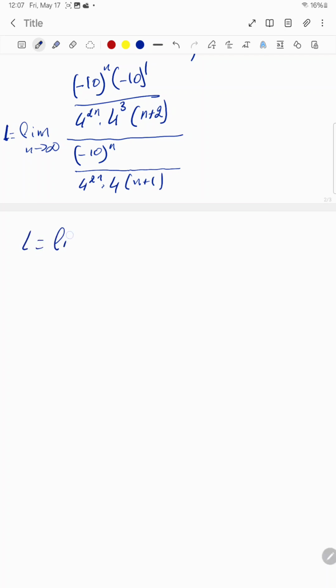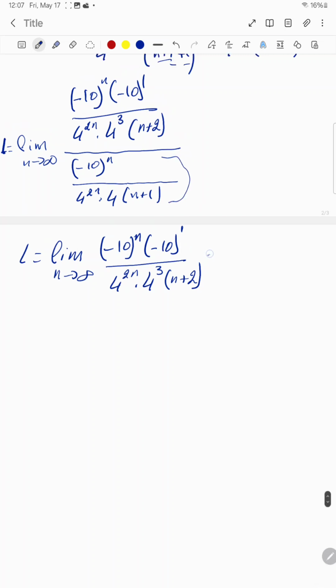So L is equal limit when n goes to infinity of minus 10 to the power of n times minus 10 to the power of 1 divided by 4 to the power 2n times 4 to the power of 3n plus 2. And then I will flip the denominator and make it a multiplication. So this is the multiplication sign, times 4 to the power 2n times 4 to the power of n plus 1 divided by minus 10 to the power of n.